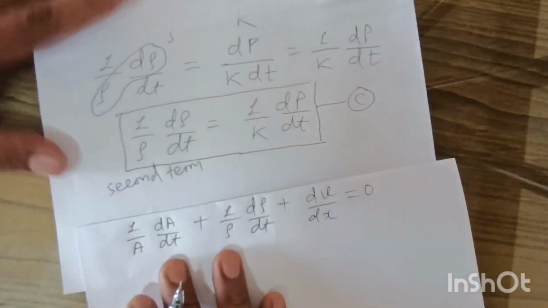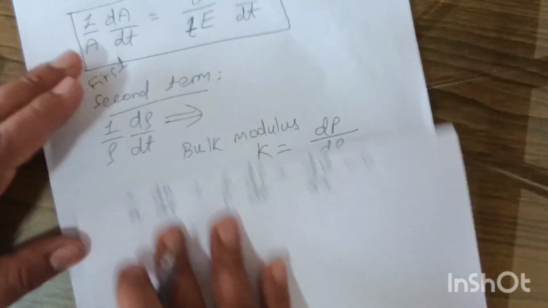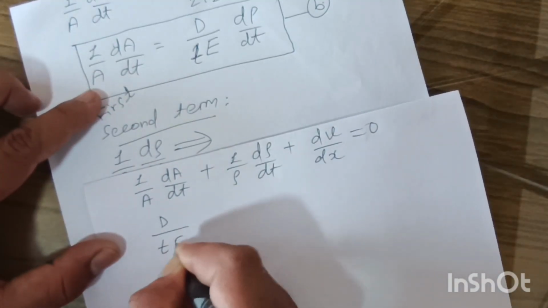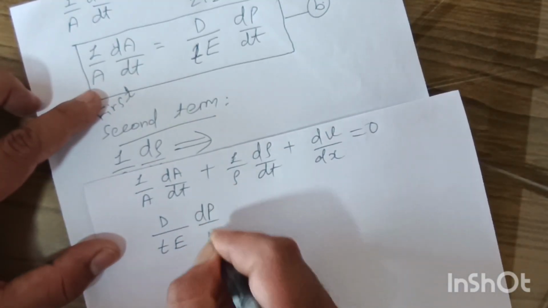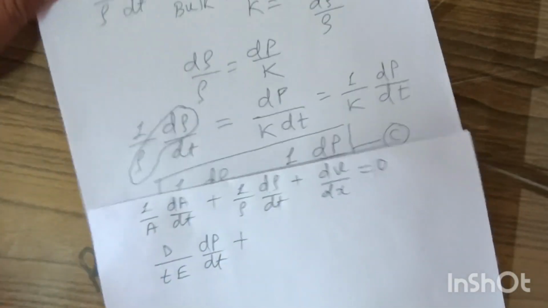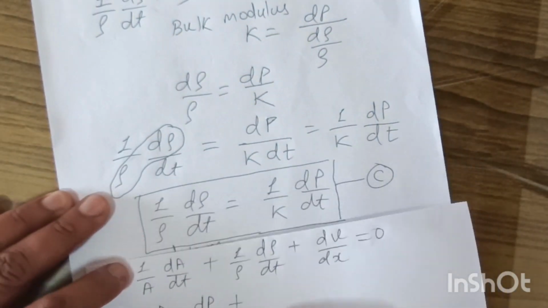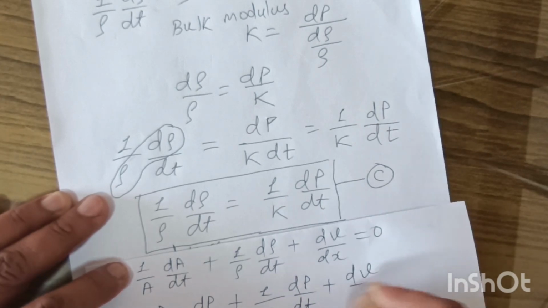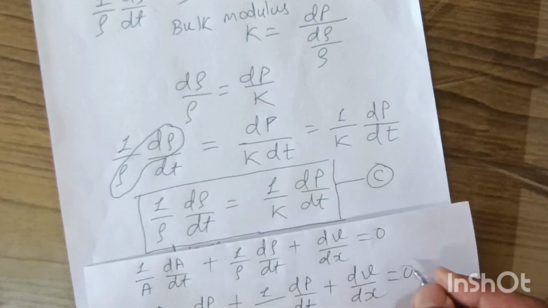Substituting the first term, 1 by a dA by dt, we can write d by te dp by dt, plus the second term, 1 by k dp by dt, plus dB by dx is equal to 0.